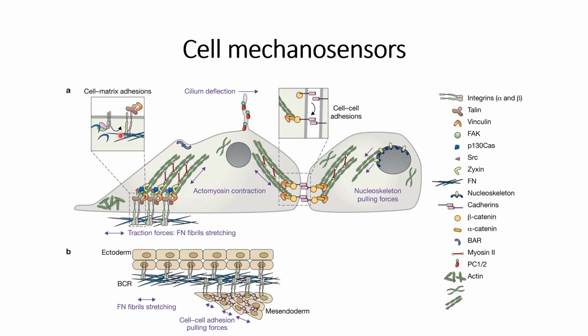At the same time, the extracellular part of these integrins will also interact with the fibrils, and this will cause the stretching of the integrins, or we can say the conformational change of the integrins, and that will generate some traction force.